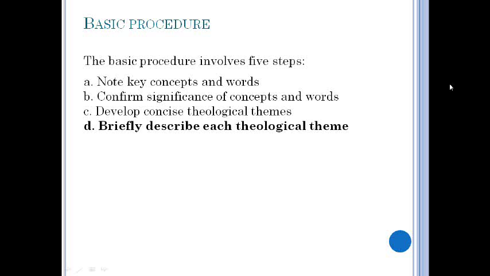Having completed that, you now need to take the time to briefly describe each theological theme. This will be illustrated in a moment, but for now it's suffice to say that you want to write probably at least a paragraph which briefly describes the theological theme as found in that given letter or book.